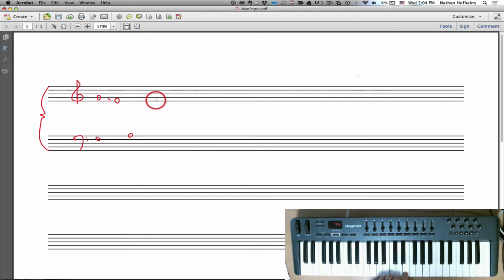For E, we can come down to D and put it right below the staff. That's D, resting in the space below the staff. If you want to go further, then we have to use what's called a ledger line. You've got a C there, and you want to keep it about the same space distant from the staff. So that would be a middle C.